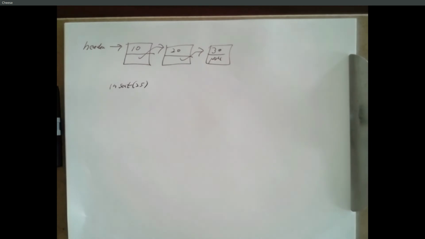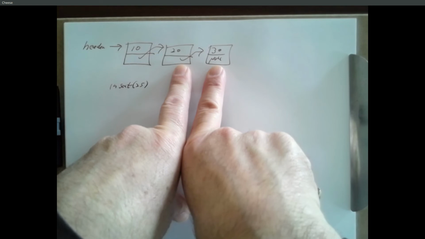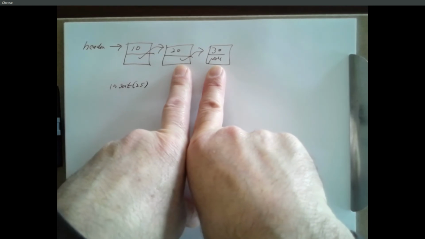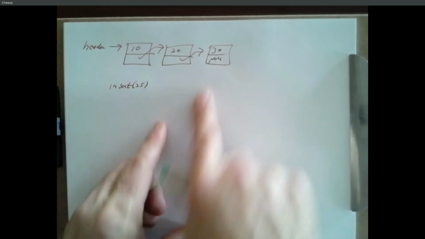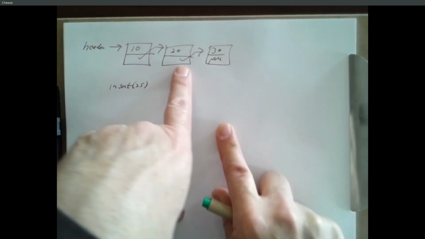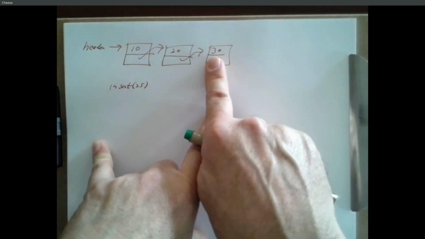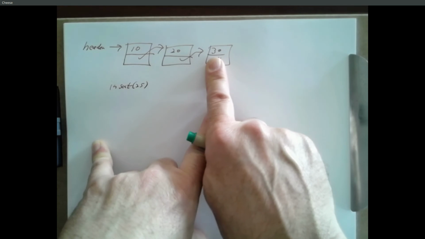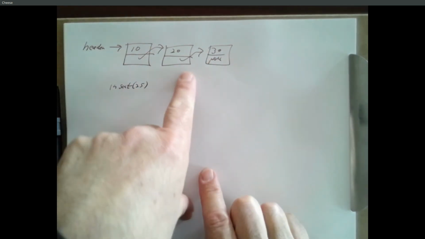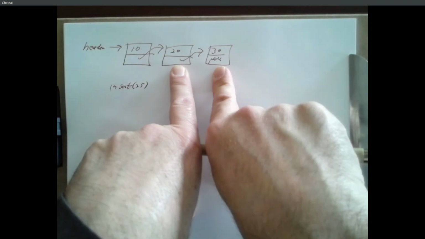Here's the basic idea. We need to figure out the pair of nodes before and after where we want to insert our new node. Because ultimately our goal is to make a new node with a 25, have this prior node point to the 25, have the 25 point to the subsequent node. So to do the insert, the real challenge first is figure out which node is immediately before and which node is immediately after the node we want to insert.